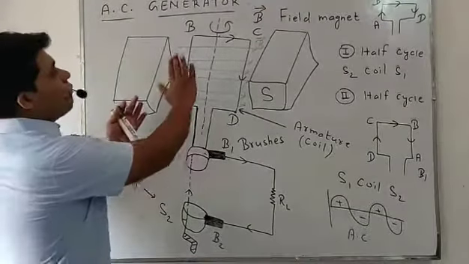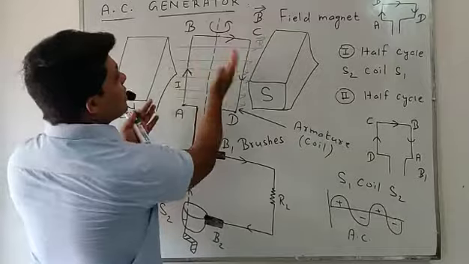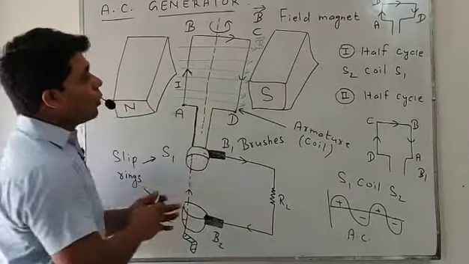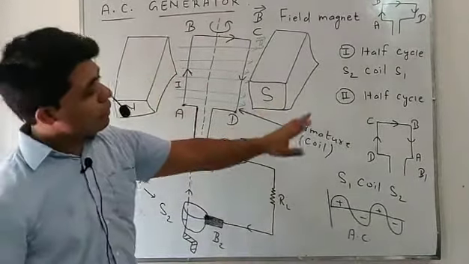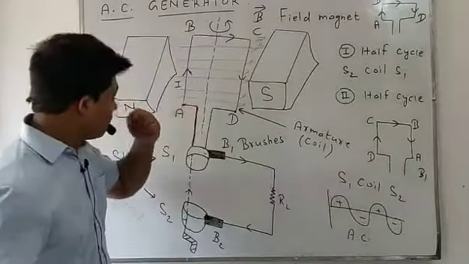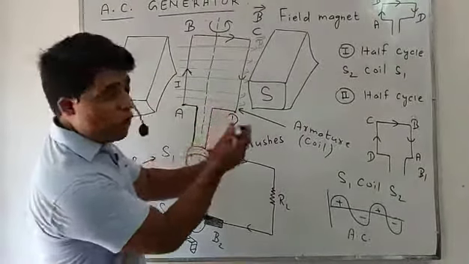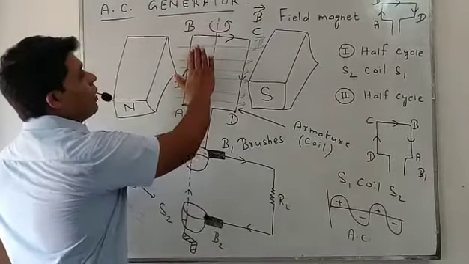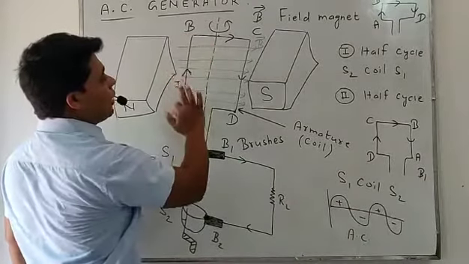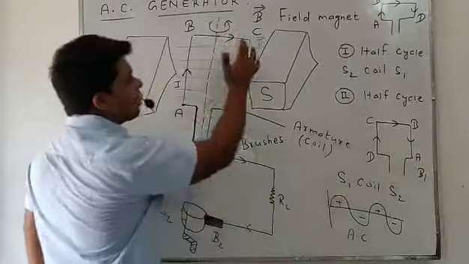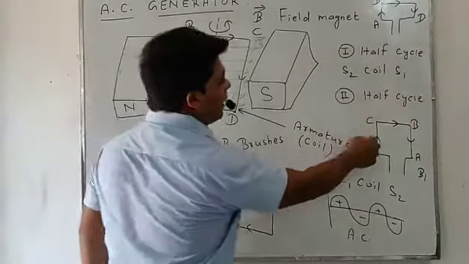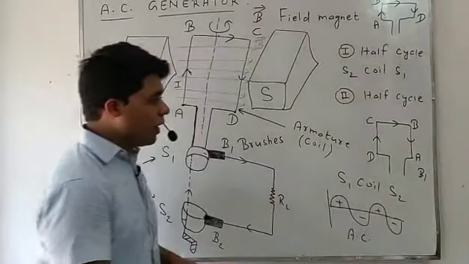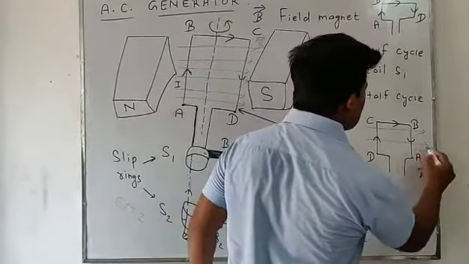Look students, when it rotates half, AB side comes at that side, and CD moves in the downward direction and comes at that side. When it takes a half rotation, BA comes at that side and CD comes at that side. Now students, again you will find the direction of current in the second half cycle.